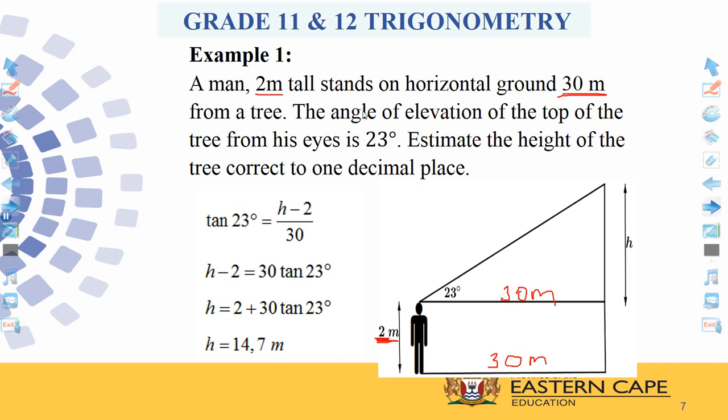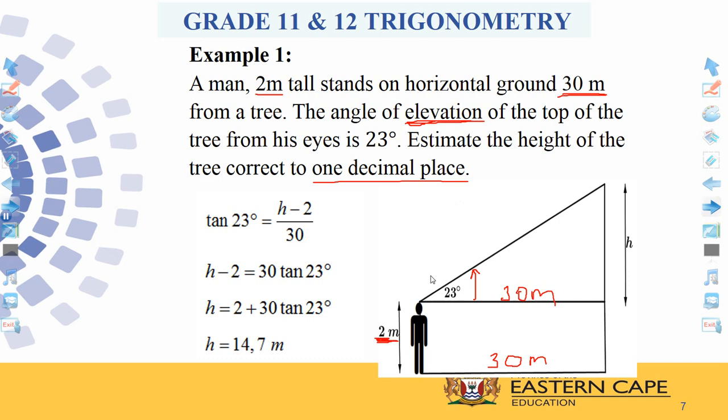And then the angle of elevation, which means now this man is going to look above the horizontal line. So that angle is 23. All right. Estimate the height of the tree correct to 1 decimal place. Very important as your final answer. Right. Now there is the diagram which is drawn.